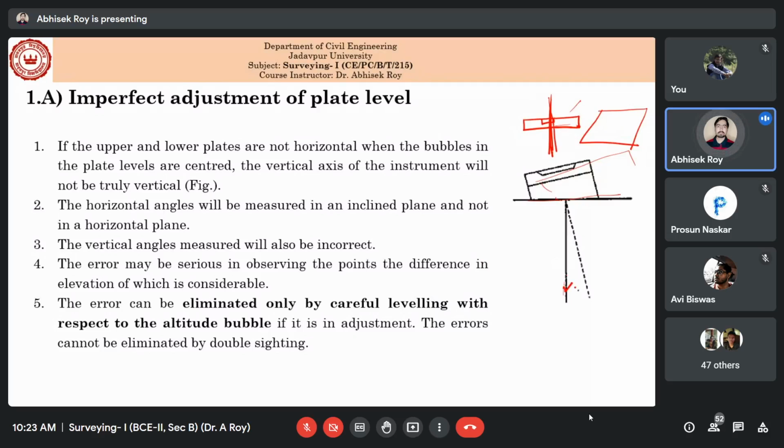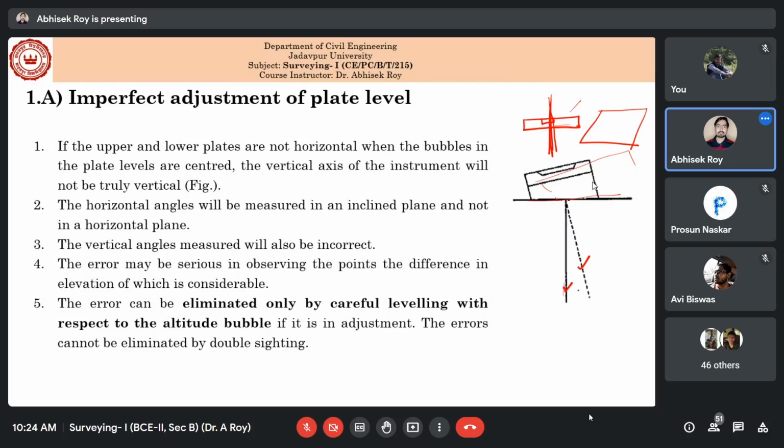When your instrument is inclined or not properly leveled, with imperfect adjustment, the measurements will be in an inclined plane. So not only the horizontal angle measurements will be wrong, the vertical angle measurements also will be problematic.